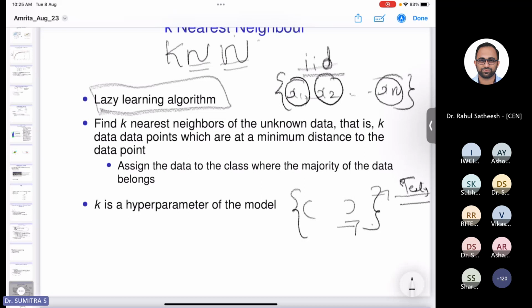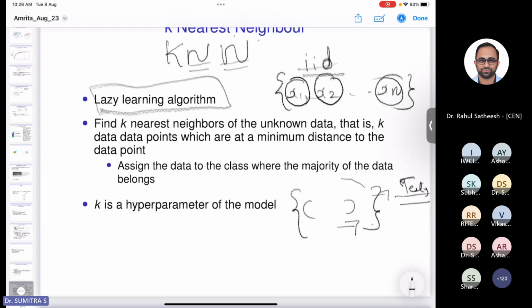Only when the testing data comes does its work start. Usually the algorithm is not like that. Given the data, it will extract the information and then apply it on the test data. Here, it is not like that. Only when the test data comes, it starts its work.